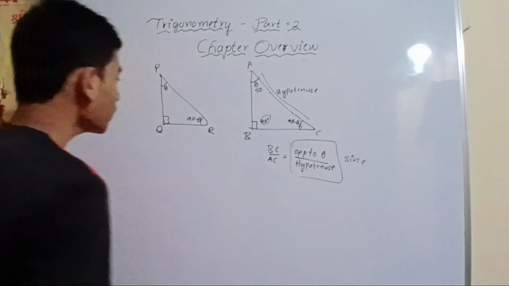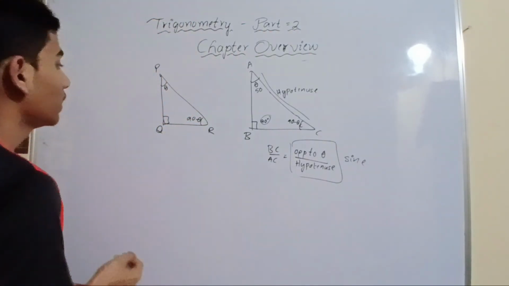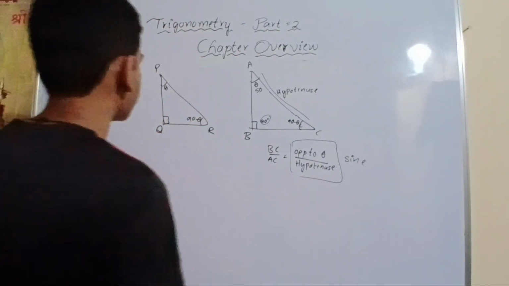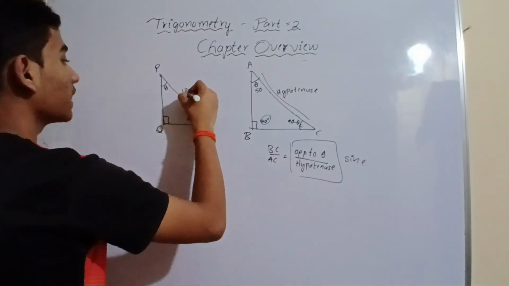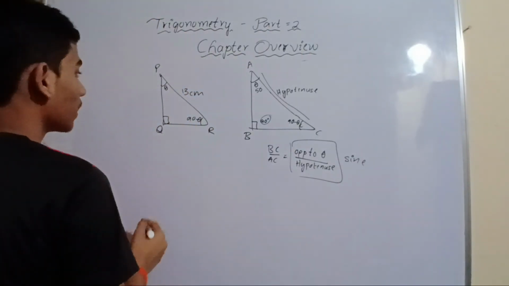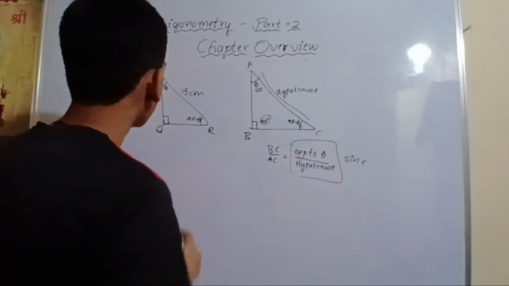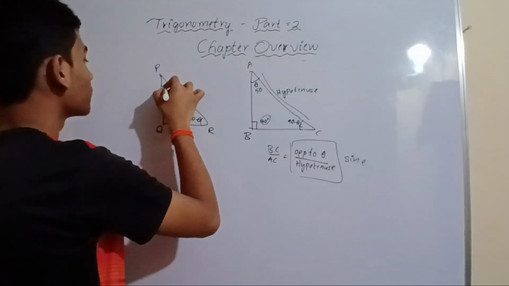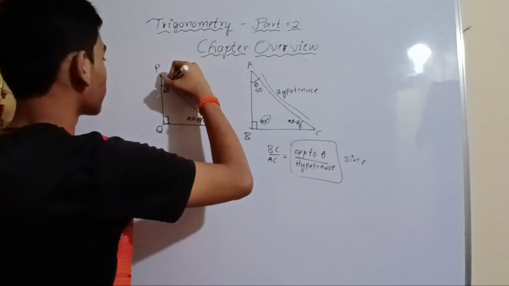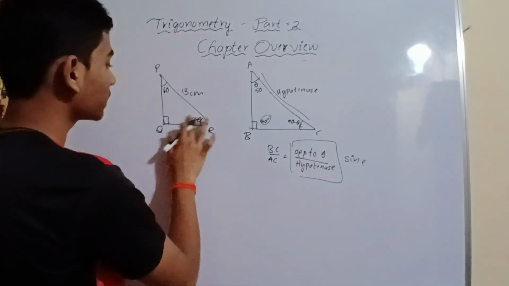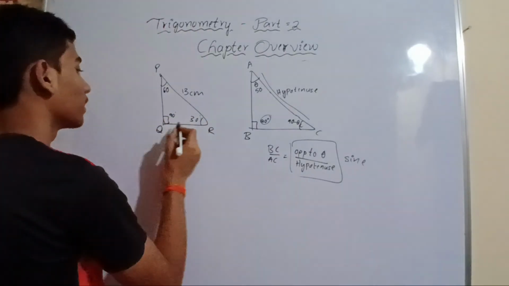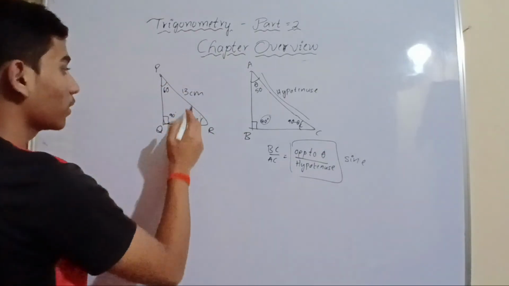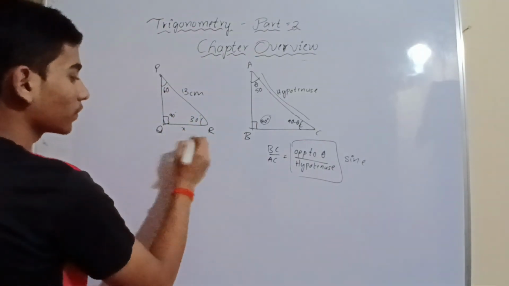And if they gave the hypotenuse as 13 centimeters, and this is say some 60 degrees, so it's going to be 90 minus 60, 30 degrees, and it's 90. So they say to find out the value of QR.